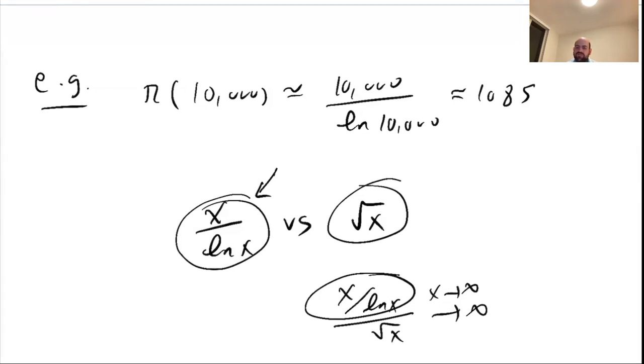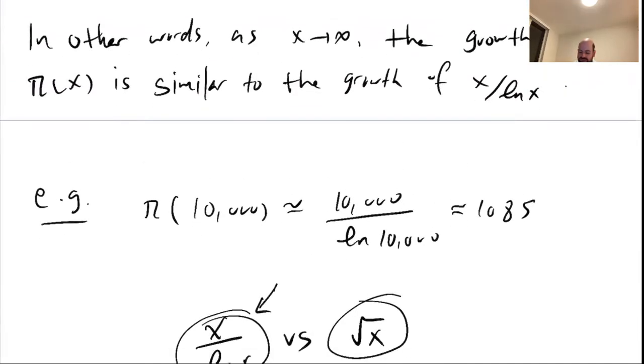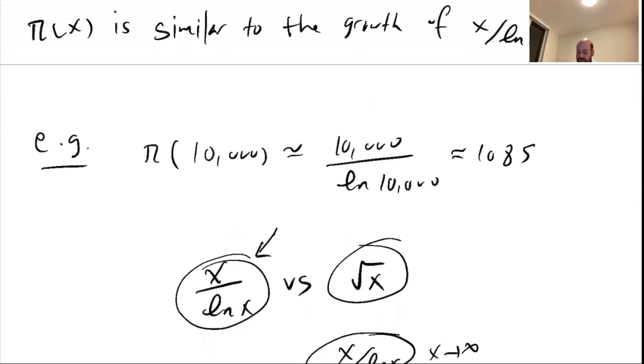Now, the asymptotic behavior of pi of x is that it's similar to x over ln x, which means the number of primes less than or equal to x is relatively large. It's almost x just divided by some small number, which is ln x. This is a deep theorem in advanced number theory, and we actually don't need the proof for this in this course.